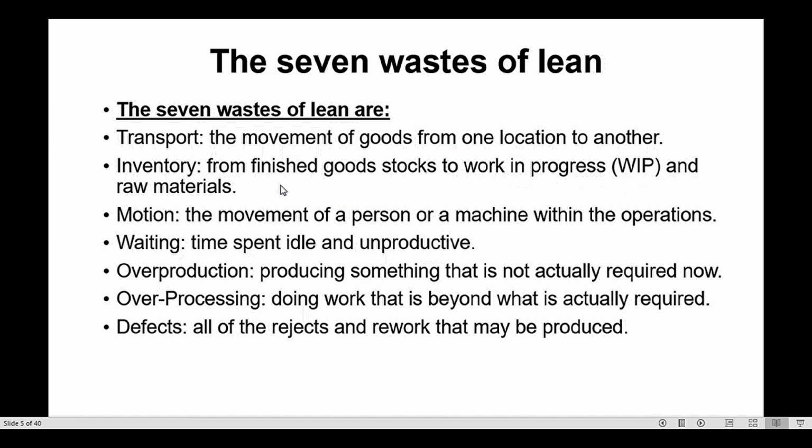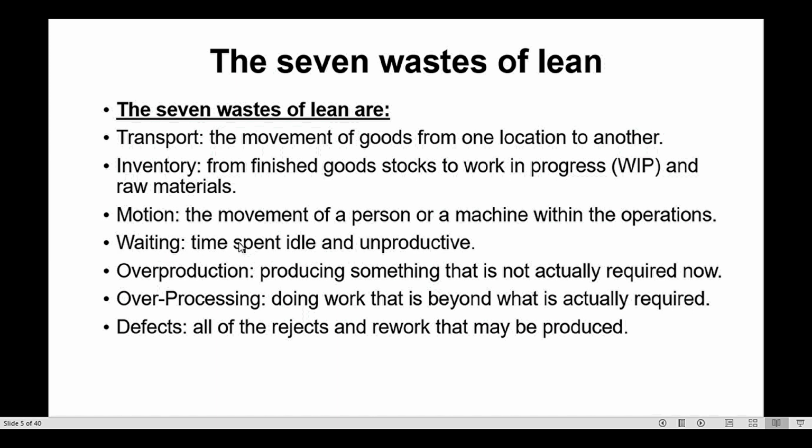Excessive or unnecessary inventory is itself a waste. Motion: the movement of a person or machine within the operation that does not add value to the system or to product quality is declared a waste. Waiting: time spent idle and unproductive is declared a waste.